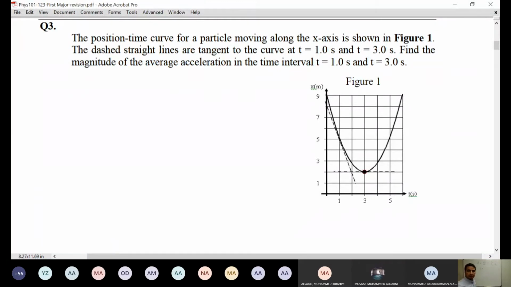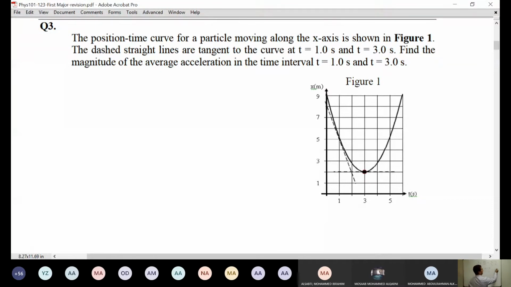You can take any two points. Let's say we take this point here, which corresponds to x equal to 8, and this point, which corresponds to x equal to 2. So the upper part is 2 minus 8, and on the time axis this point corresponds to 2 seconds and that point to 0 seconds, so 2 minus 0.